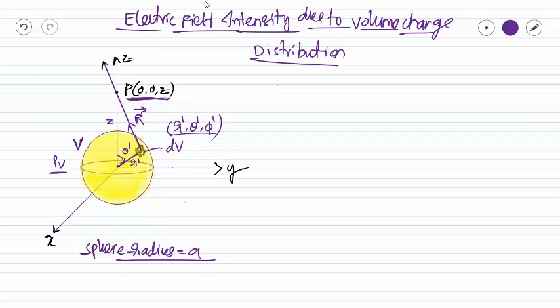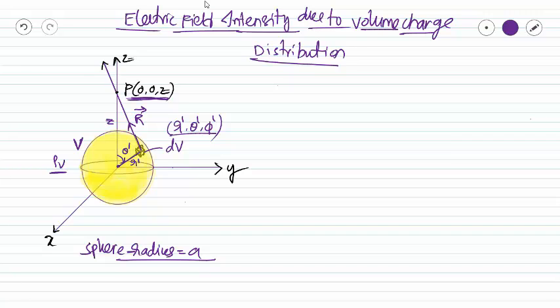So we have considered a volume which is a sphere of radius a, and inside it a small differential volume dv with its reference at r dash, theta dash, phi dash, and we have drawn the corresponding distance vector to the point of interest P. From this figure we need to write down some important things.